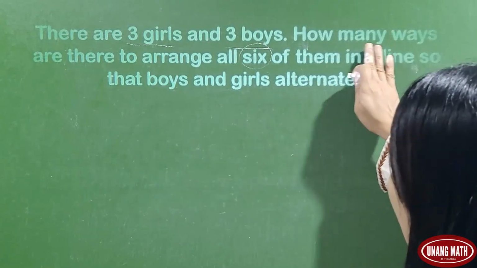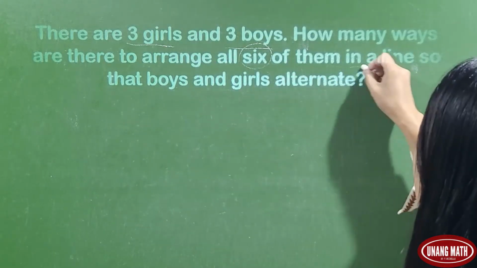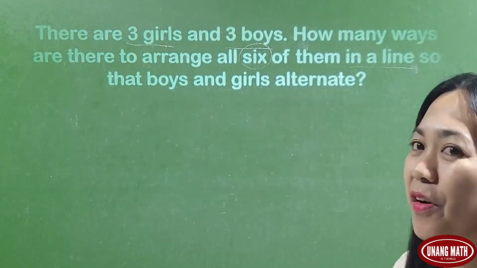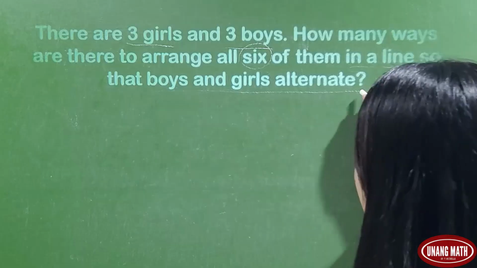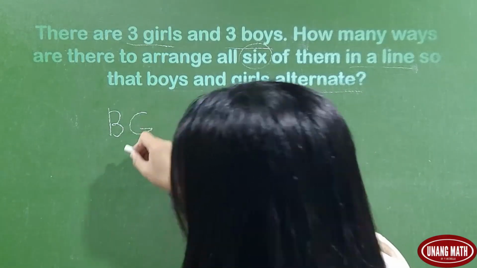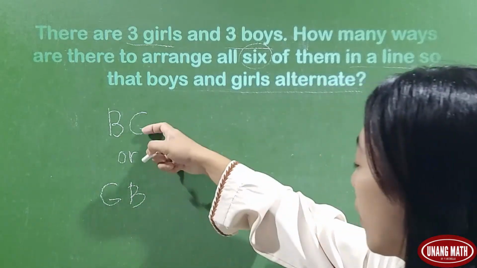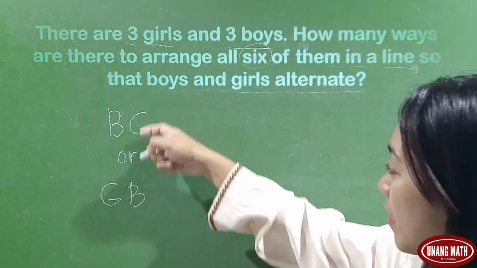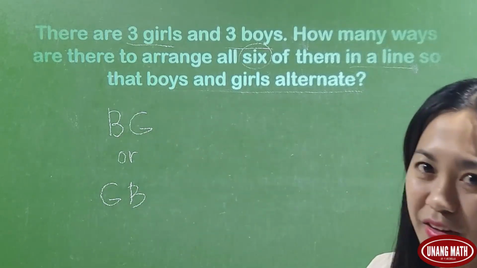It's asking for how many ways there are to arrange all these 6 in a line so that boys and girls alternate. When we say boys and girls alternate, it means boy, girl, or girl, boy. Both these conditions, boys and girls alternate.